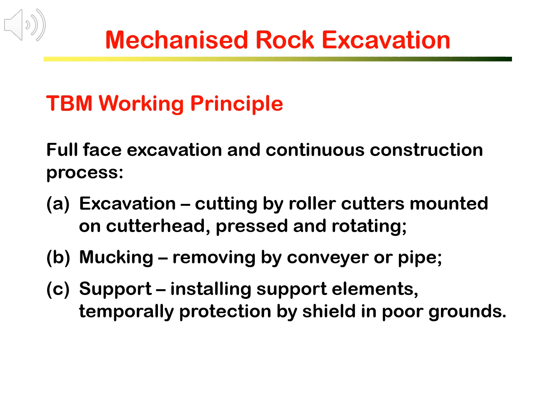Muck is removed by conveyors, except for slurry shield, which is transported through pipes together with slurry. For grip TBM, rock reinforcements by bolts, steel sets, wire mesh, and shotcrete can be installed behind the excavation.